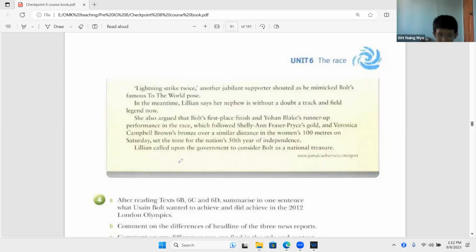Lillian called upon the government to consider both as a national treasure.